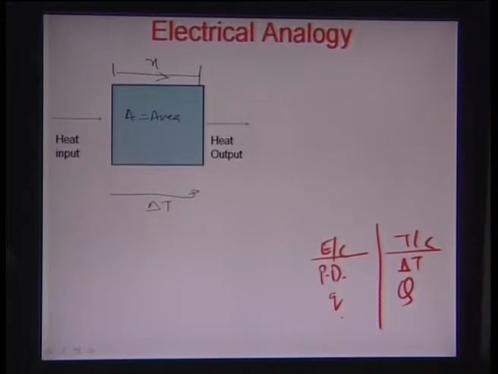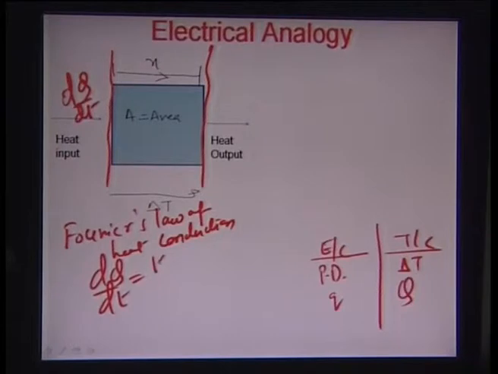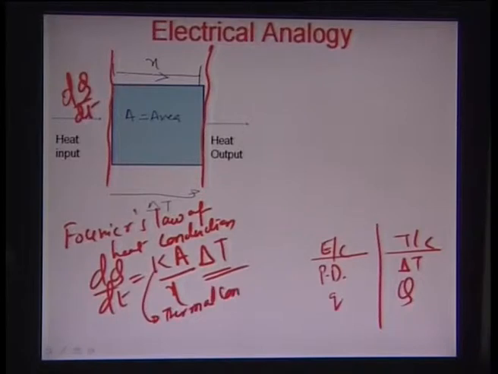So here, by Fourier's law of heat conduction, if we look at the heat transfer between these two faces here and here, dq by dt, the rate of flow of heat, is essentially represented by K A by x times delta T. The K here is the thermal conductivity of the material, and of course A is the area of cross section perpendicular to the direction of the heat flow.